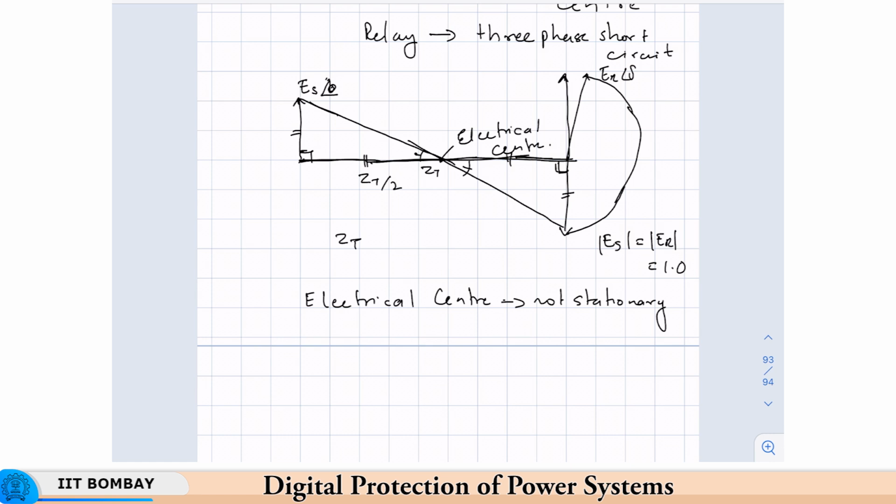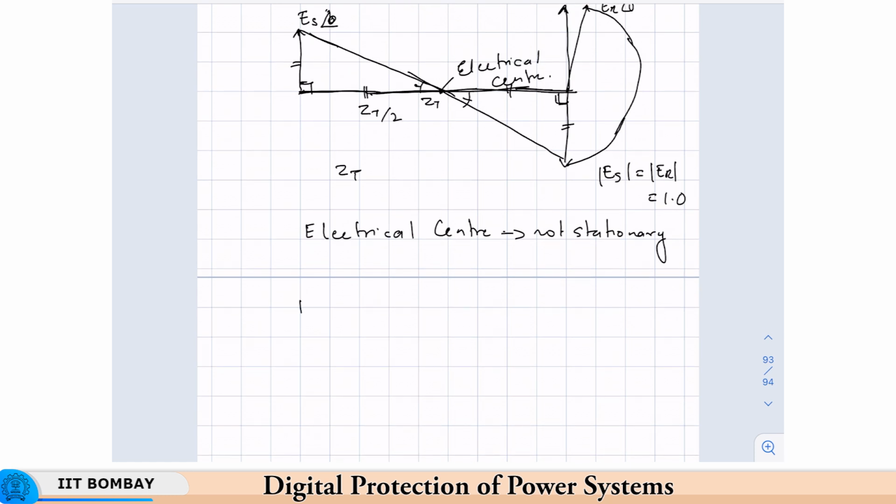The second is of course that it need not appear on the transmission line or at the center of the transmission line. Okay. If you remember our discussion, this is say ZS, then this is ZL, and this is ZR. If ZS is equal to ZR and all the other conditions, then it will lie exactly at the center.